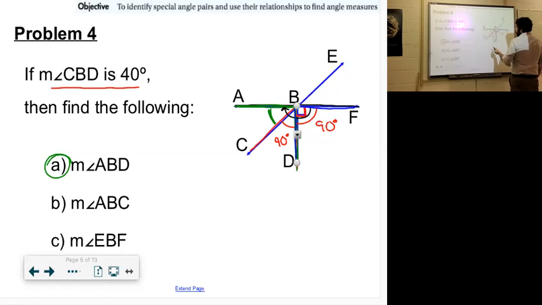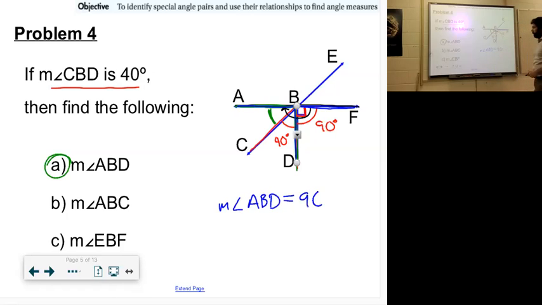They're also a linear pair because they make this line right here. So I could say, well, the measure of angle ABD is equal to 90 degrees as well, right? So I'm going to say that this is equal to 90 degrees.